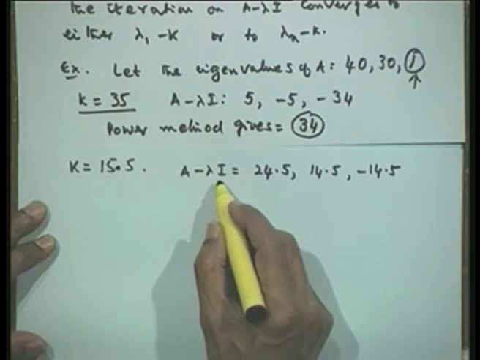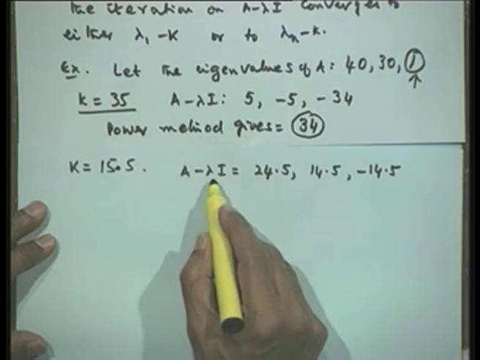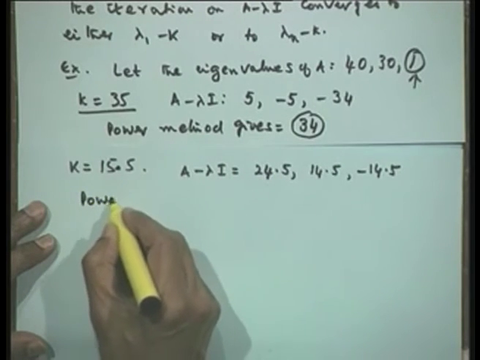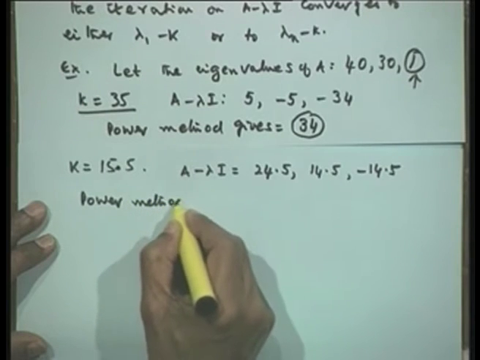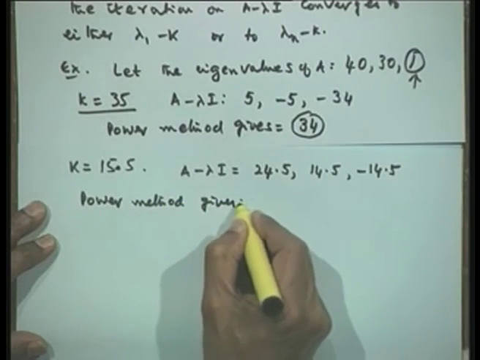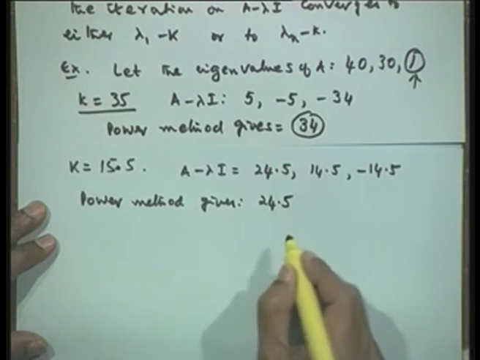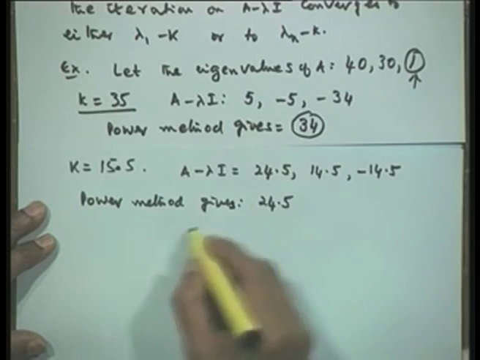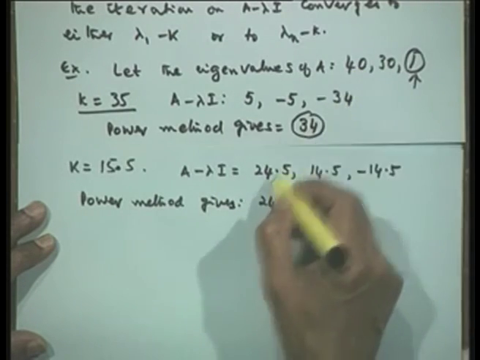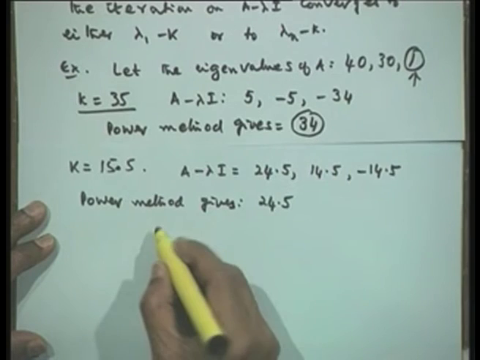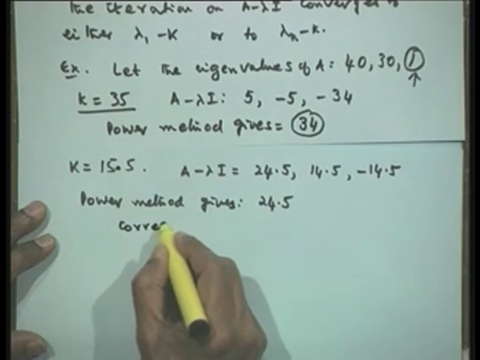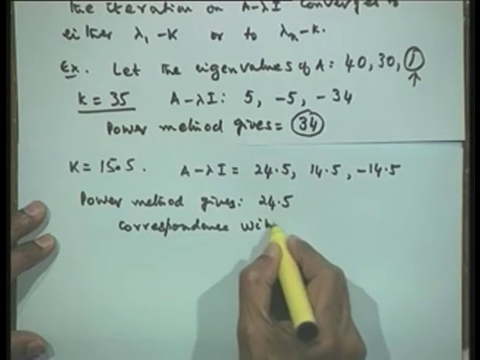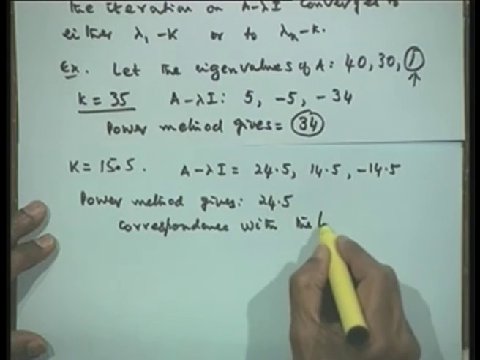Now the power method will give the largest eigenvalue in magnitude of A minus k I, that is 24.5. Therefore, the power method gives 24.5, which now corresponds to the largest eigenvalue, because this correspondence is with respect to the largest eigenvalue.